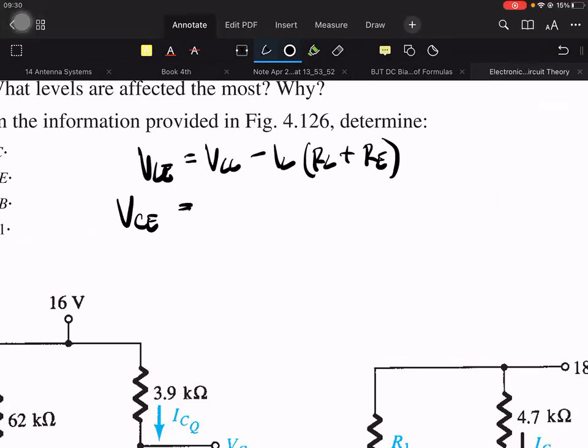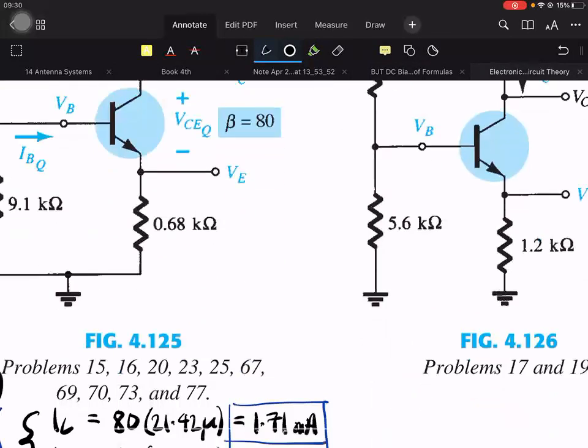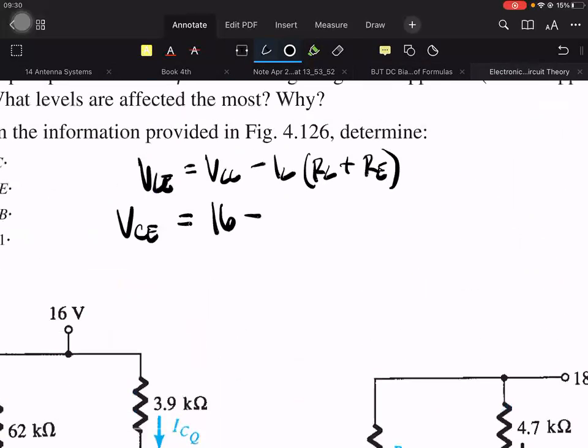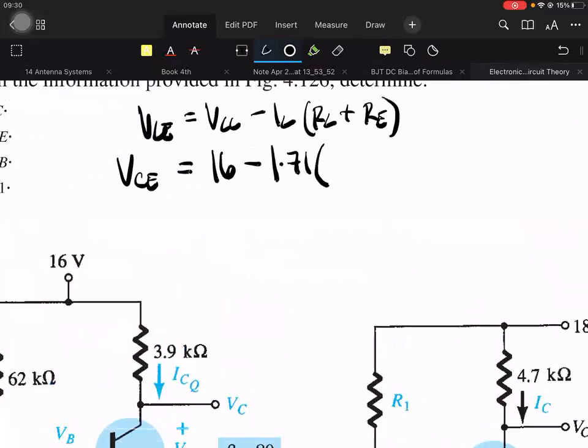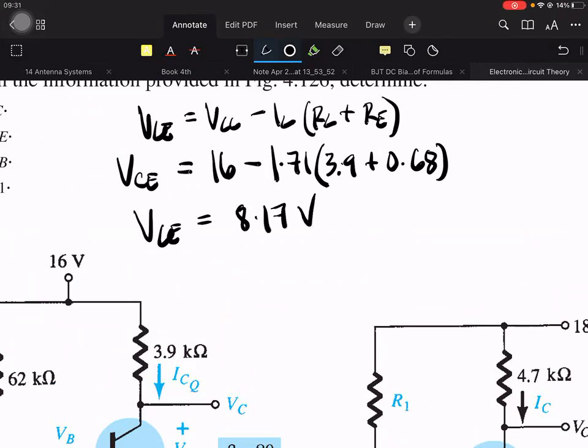VCE is equal to VCC 16 minus this IC, so 1.71 milli times 3.9 plus 0.68. VCE is about 8.17 volts. Okay. Final answer.